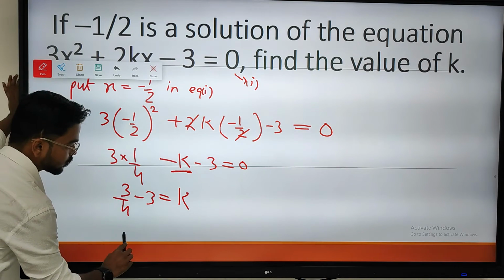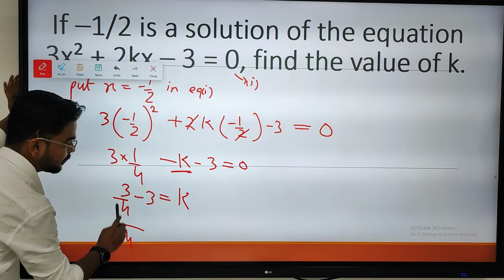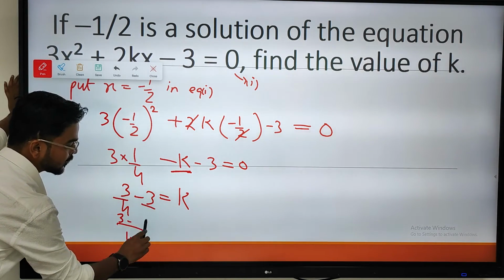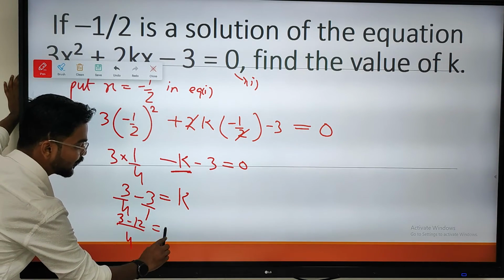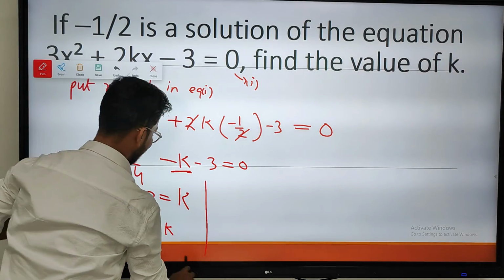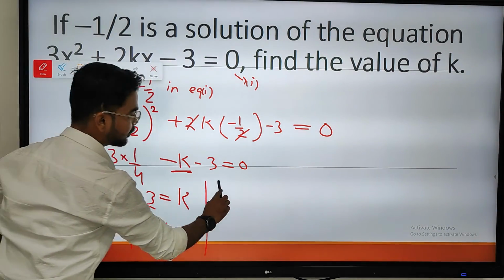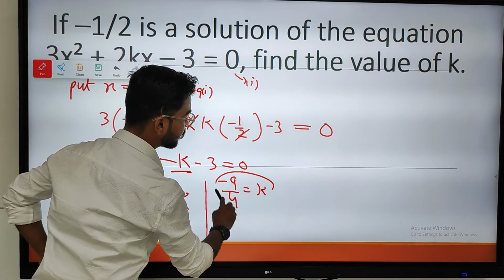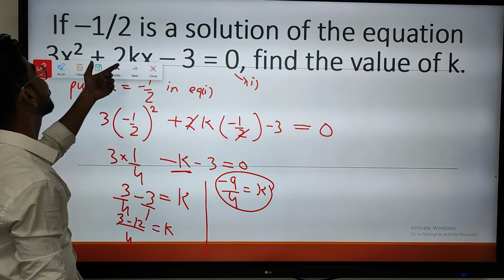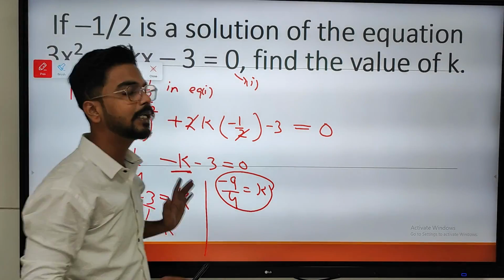Now solve by taking the LCM. 4 will be the LCM, 3 here. So it is 1. 1 4 times 4, so 3 4 times minus 12 is equal to k. So it is 3 minus 12 will be minus 9 upon 4. This will be the value of k. Okay. So if you put the value of k in this equation, it will be a complete quadratic equation.